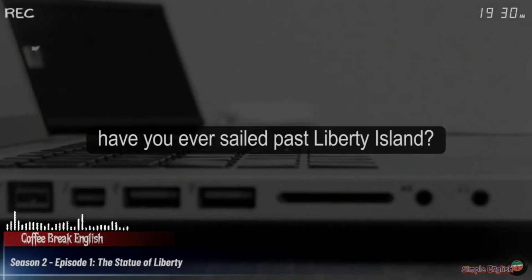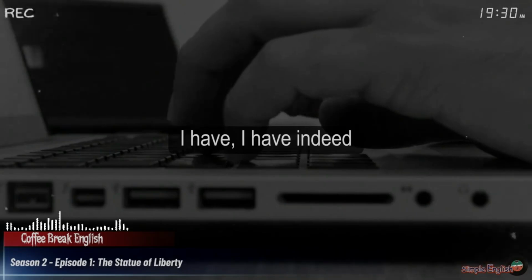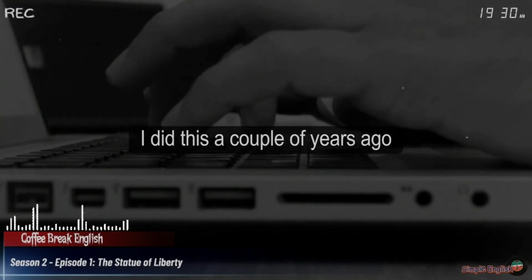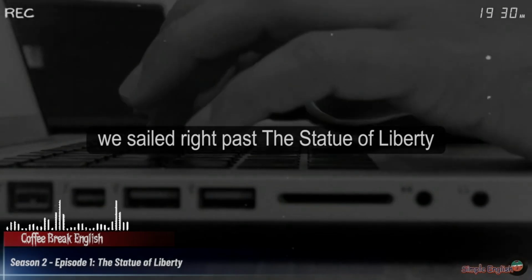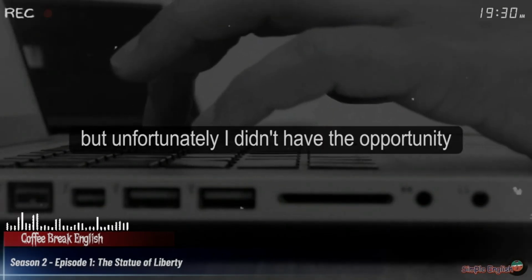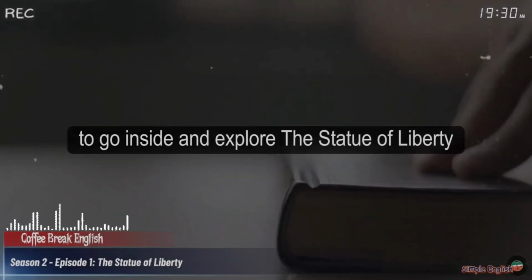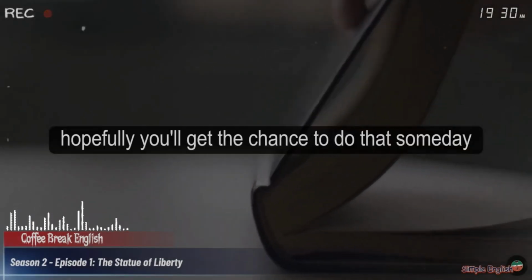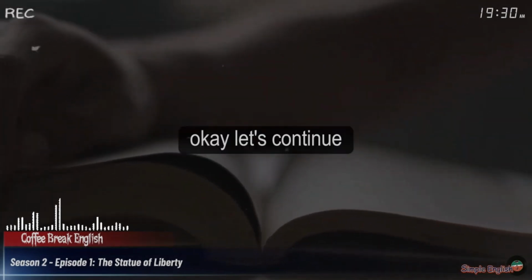Have you ever sailed past Liberty Island? I have indeed. I did this a couple of years ago. We sailed right past the Statue of Liberty, but unfortunately, I didn't have the opportunity to go inside and explore the Statue of Liberty. Hopefully you'll get the chance to do that someday. Yeah, I hope so. Okay, let's continue.